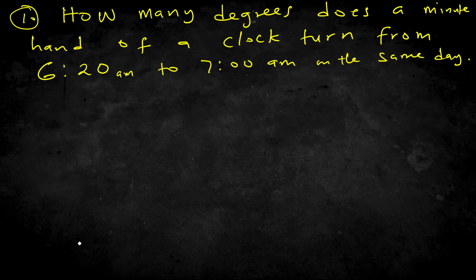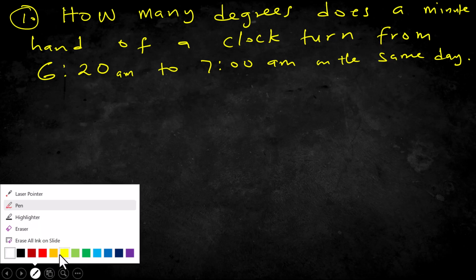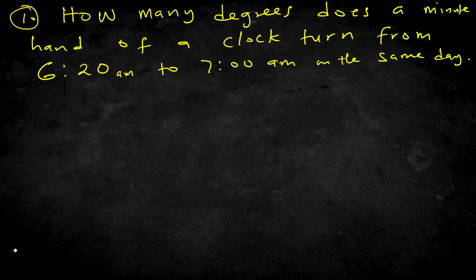How many degrees does a minute hand of a clock turn from 6:20 a.m. to 7:00 a.m. on the same day? All right, now this one is very simple. Let's understand that a minute hand makes one complete revolution in every 1 hour.